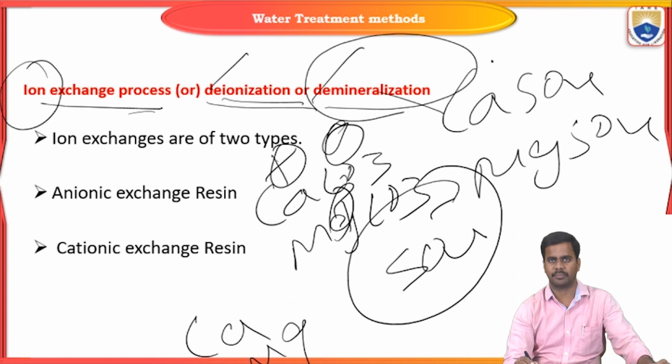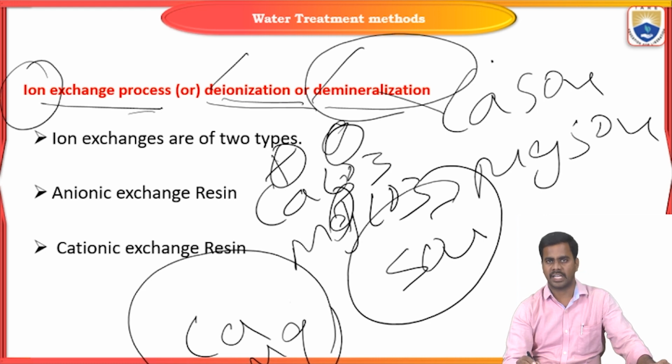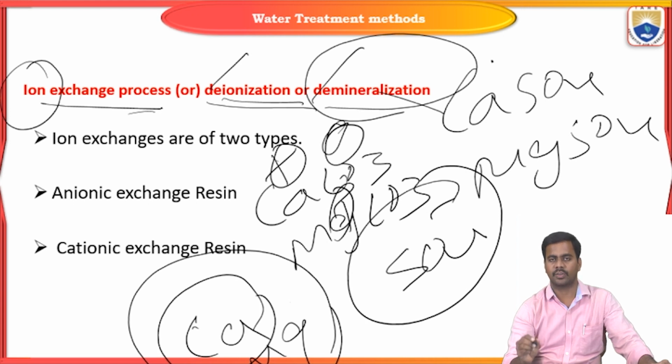Here, as part of the ions, we are going to remove calcium and magnesium, which are known as minerals. That's why this technology is also known as demineralization of water.